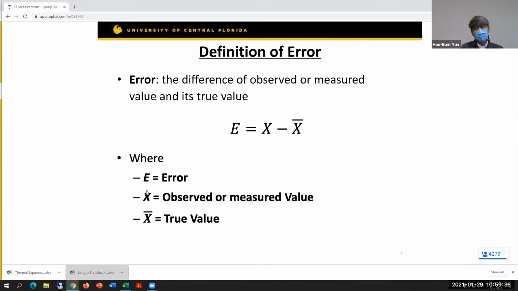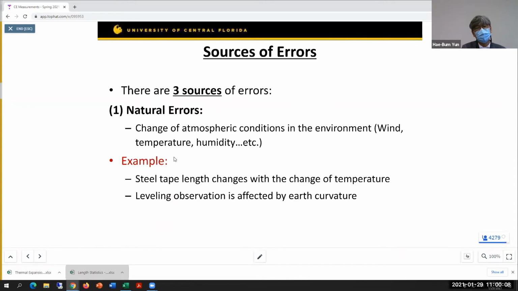The problem is, again, we don't know the true value, so we don't know the exact quantity of error. Our goal is to find the most probable value, or number close to the true value. We will talk about this later.